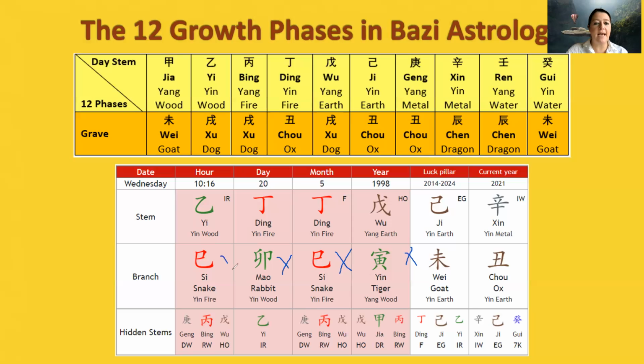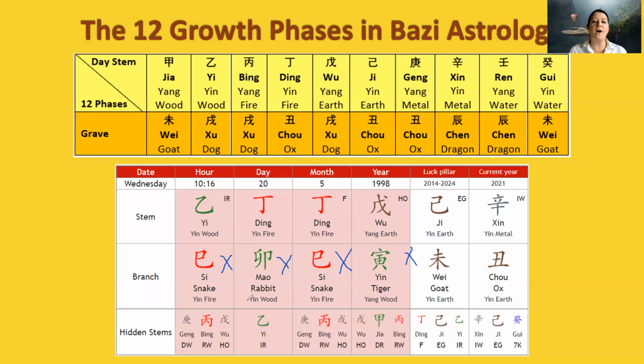Now, if you have it in the hour, then what you need to take care of is your health in old age. You generally have a good old age, but health is an issue, especially if it started at a younger age and becomes chronic.